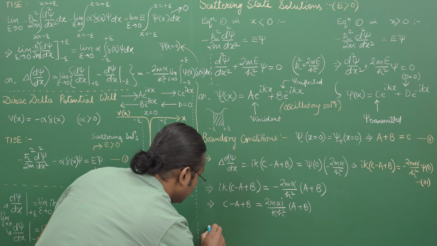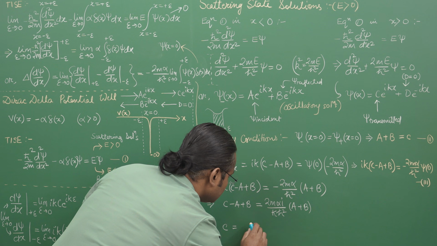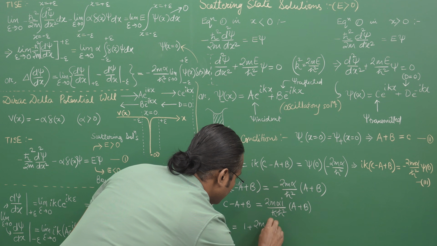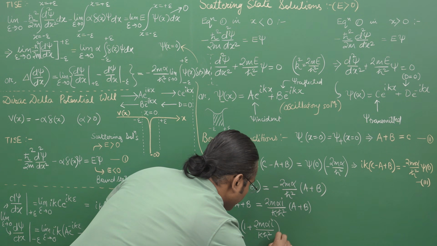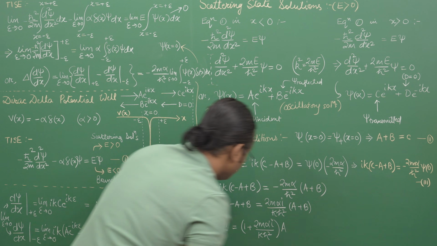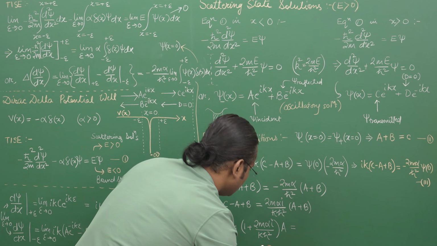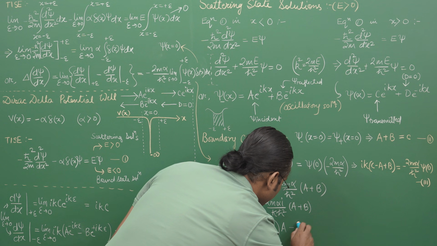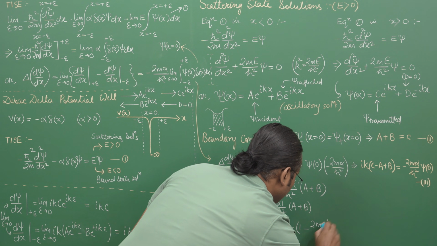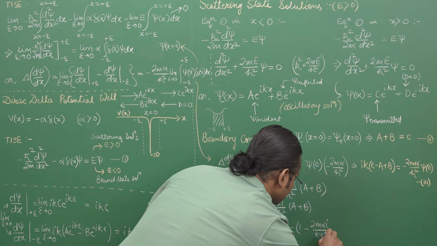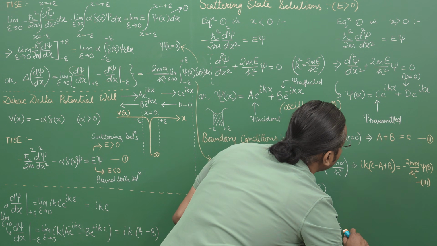So on one hand we have c, and on the other hand we have a times 1 plus 2m alpha iota upon k h cross square, and for b we have minus 1 minus 2m alpha iota upon k h cross square. There you have it. So let's suppose this is point number 3b.